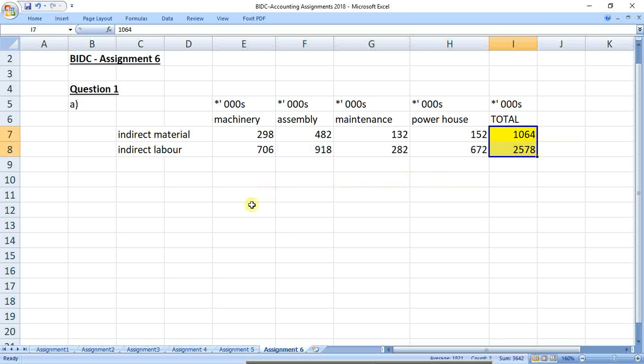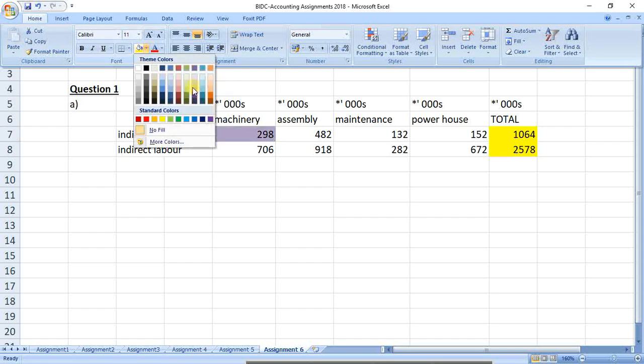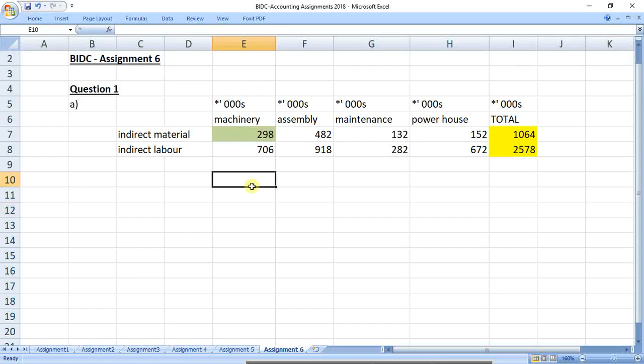We need to see what the base of allocation was for something like machinery. Let's take one of them. There's the machinery. How did they allocate the total to this department?